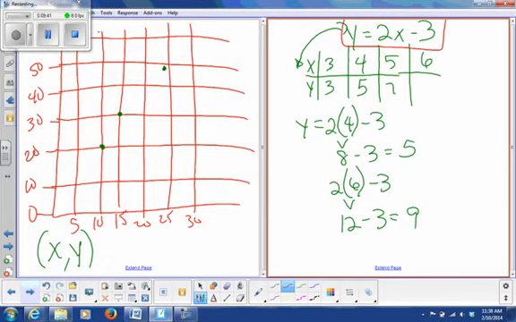All you're doing is plugging in numbers for x. Instead of x, I'm putting a 3. So then 2 times 3, then you just solve, right? There you go. Then I'm just solving.